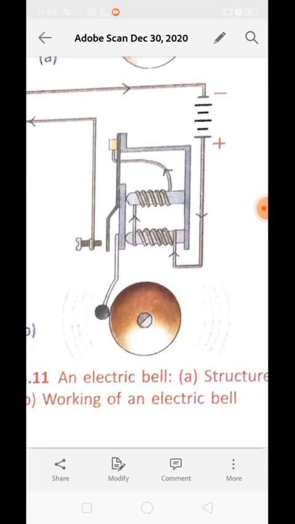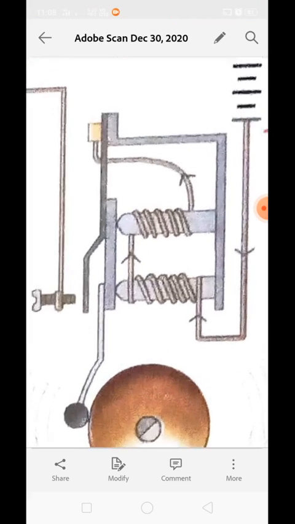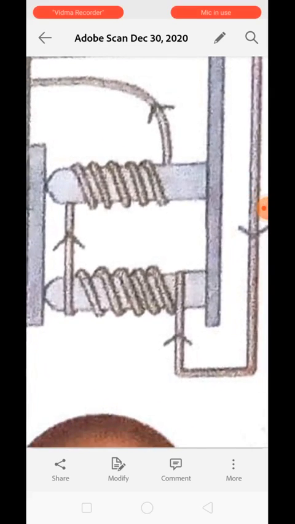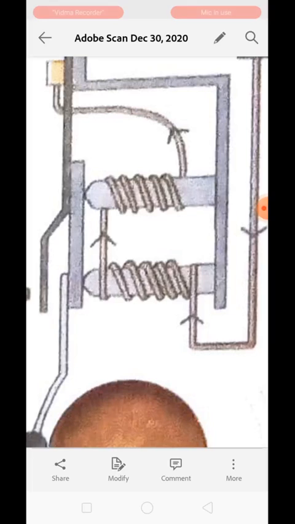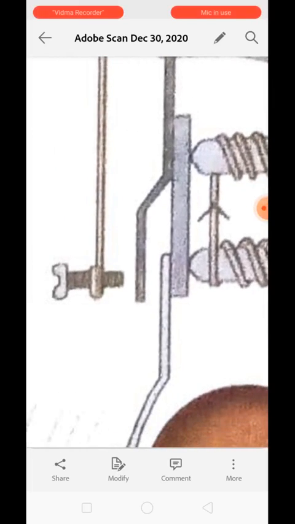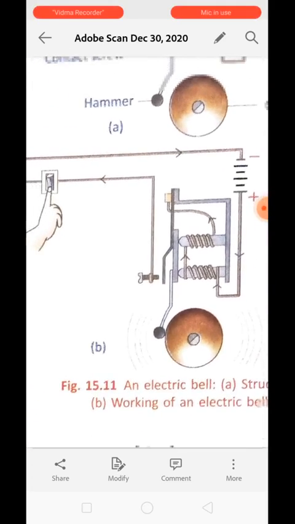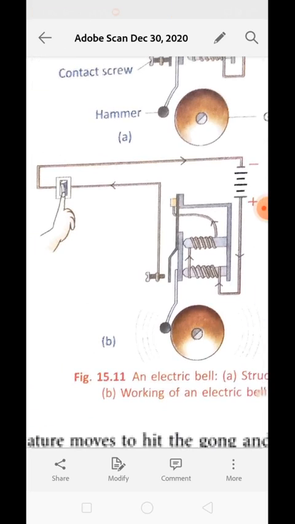Just think now what happened. When the hammer is moving in the downward direction, or when the U-shaped electromagnet has attracted the armature, the contact between the armature and contact screw is broken. It means now the circuit has converted into an open circuit.